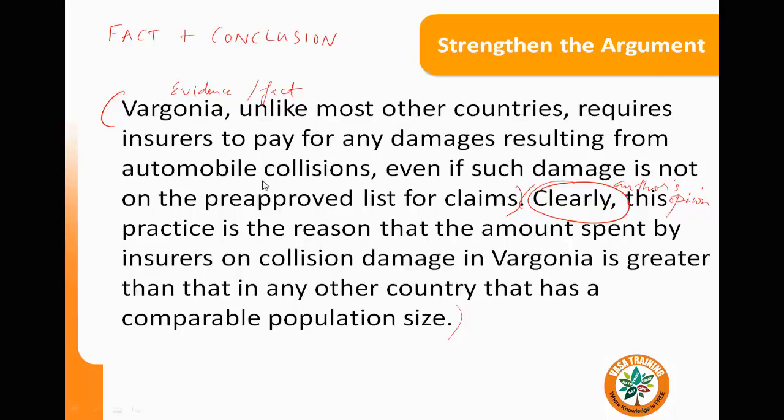So no matter what damage happens to a car during a collision, if the car is insured, the insurance company has to pay for the repairs. Therefore, insurance companies in Wagonia spend a lot more money than other countries with similar populations.